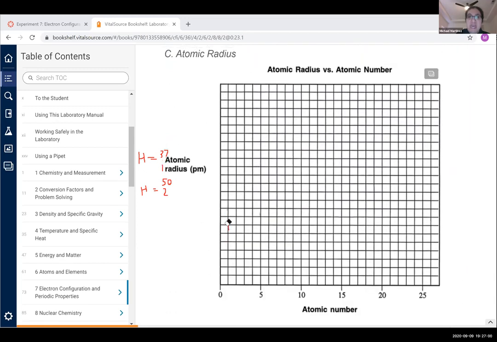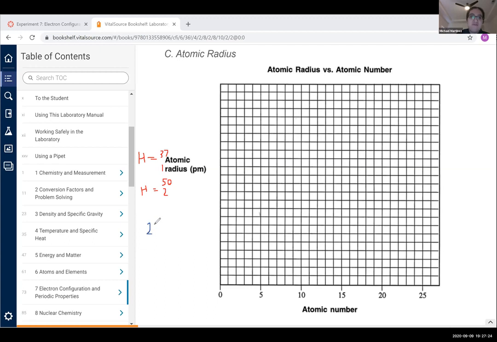If I wanted to estimate what range I would need, I count 1, 2, 3, 4, 5, 6, 7, 8, 9, 10, 11, 12, 13, 14, 15, 16, 17, 18, 19, 20, 21, 22, 23, 24, 25.